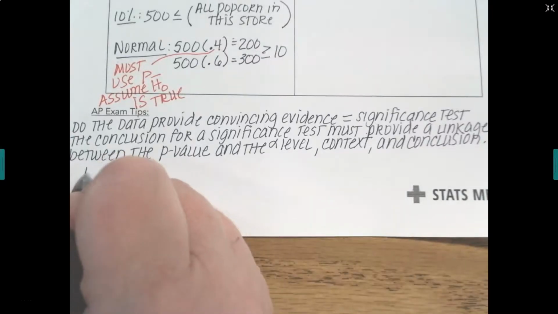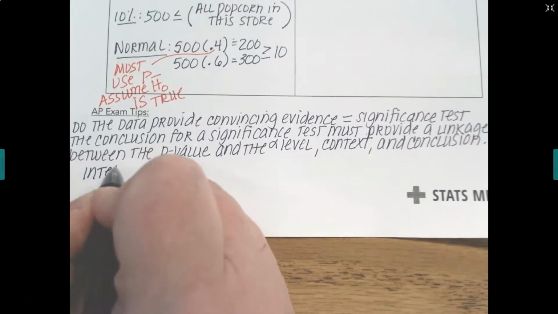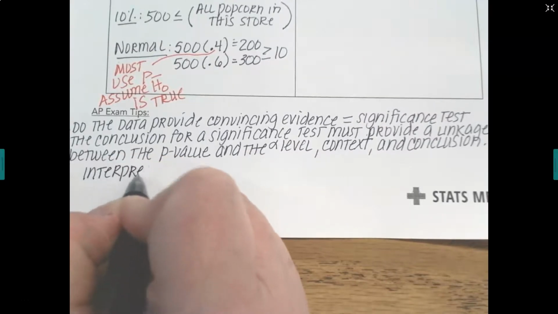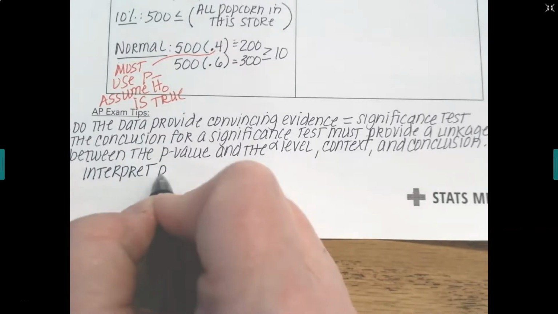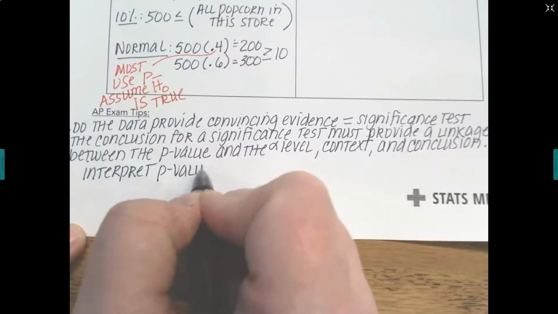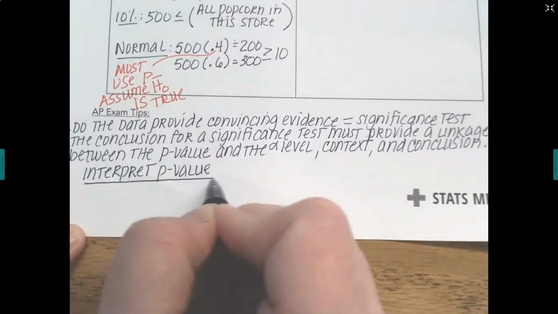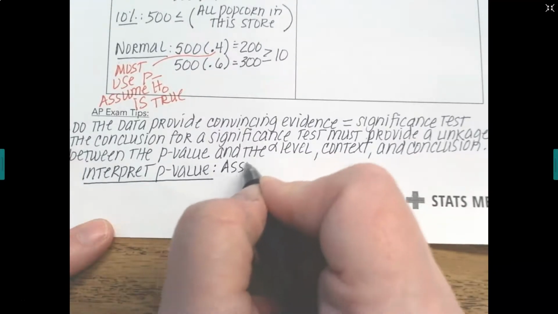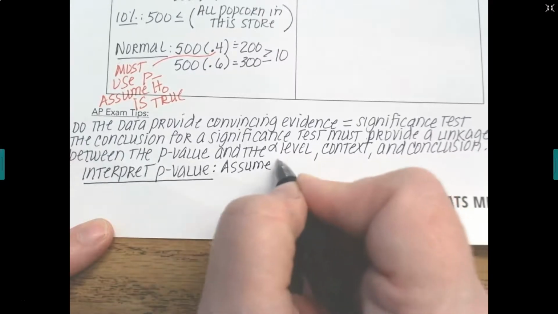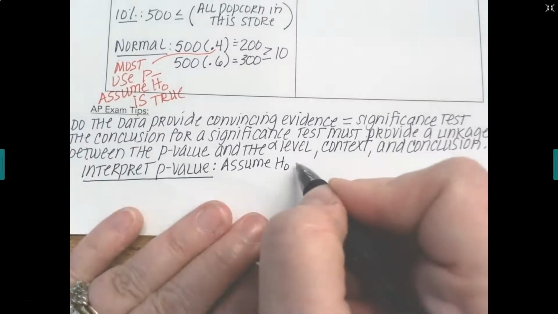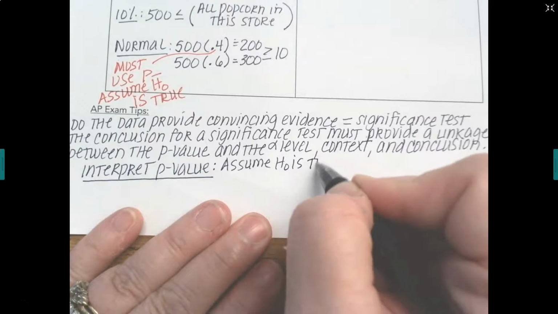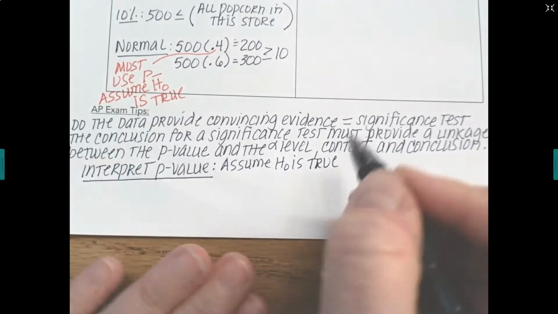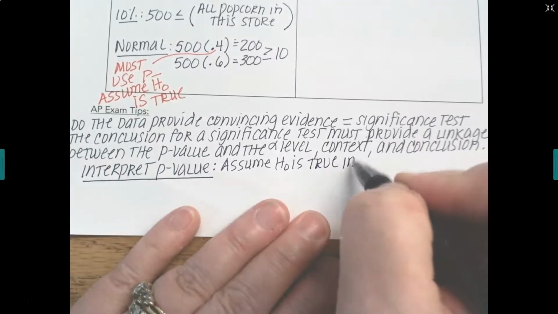The first that will help us get all of these is we're going to interpret the p-value. And when we were interpreting the p-value, what that looks like, that's the assume the null is true, in context.